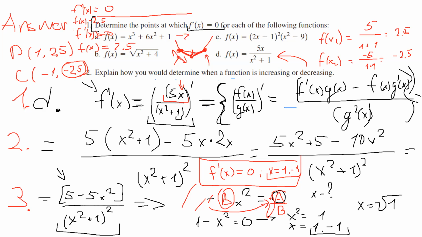And if at this critical point the value is less than at the point after, the function is increasing in this interval. Basically what Yusuf told us, right? f of x1 less than f of x2, so the function is increasing. Yeah.